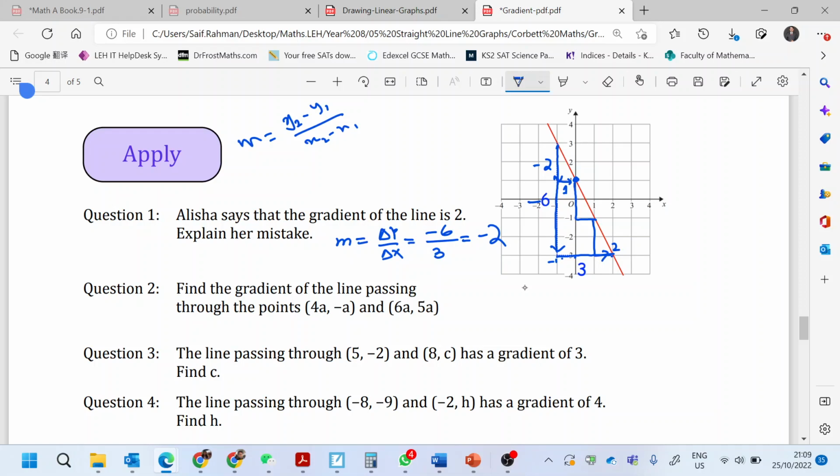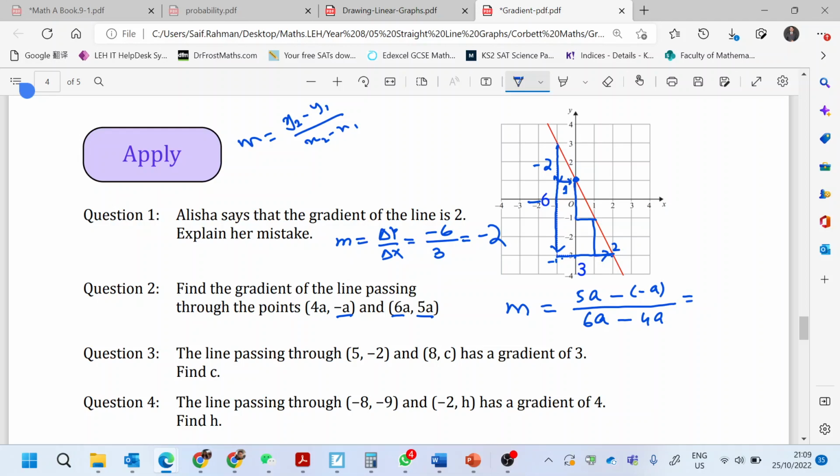Find the gradient of the line passing through the points. So these are the points here. We have just the unknown variables. So here we can find y2 minus y1. So y2 is this one, 5a, minus y1 is minus a, divided by x2 is 6a, minus x1 is 4a.